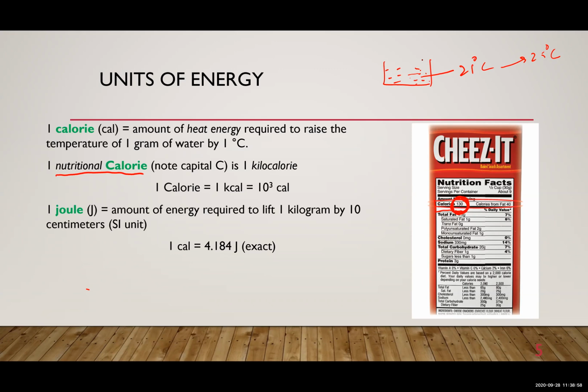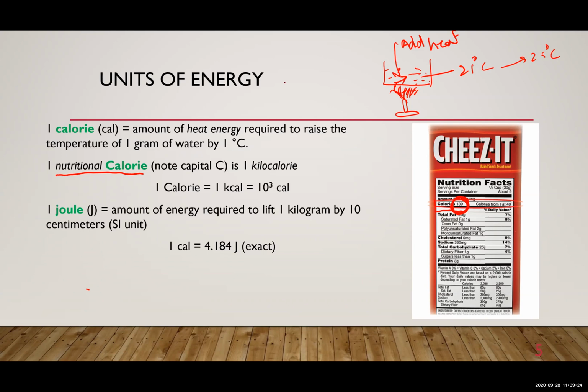How can I increase the temperature of water? Add heat, exactly. So I will put some kind of a flame underneath. This flame is adding the heat, right?